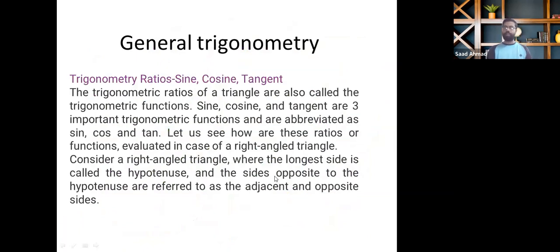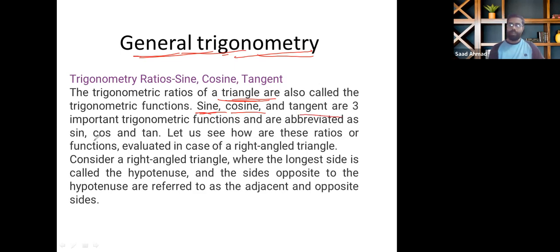Okay, so that is just some general trigonometry. That's the last topic for now. So the last topic is general trigonometry. As I have mentioned before, basically it's the ratios of a triangle. We're using the sine ratio, cosine, tan.